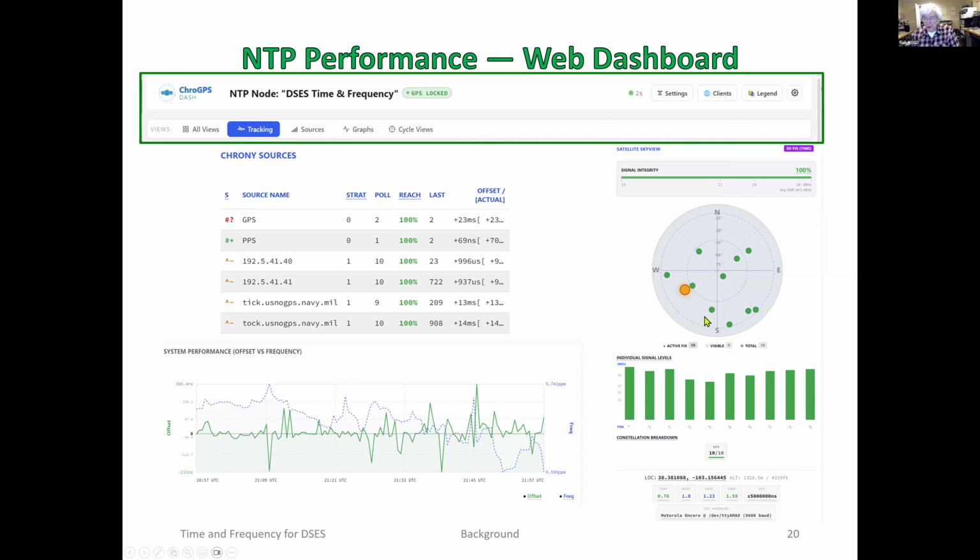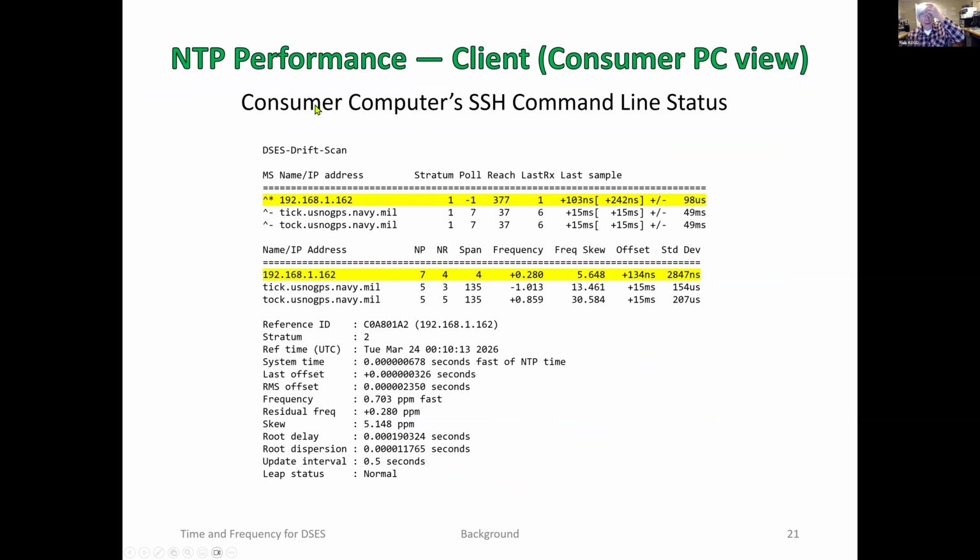This is a picture of the satellites and the sun at a particular time when I captured this picture. This is the output of one of the computers that is consuming the data from the time source, and it is using the local area network address of the NTP server, and that is showing very high performance again at the consumer.